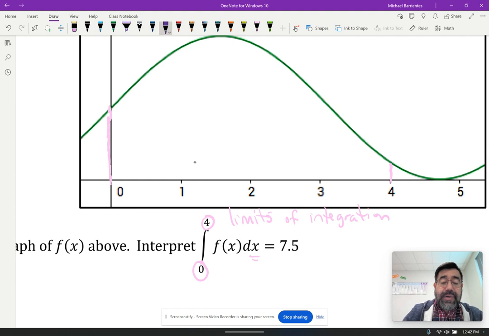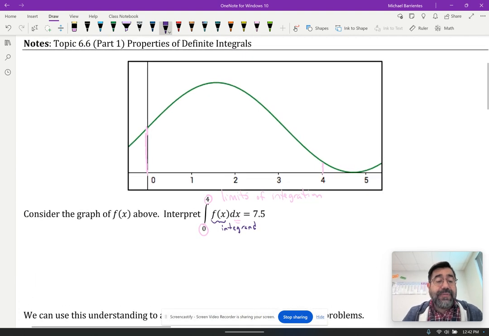This inside part, or the function itself, is called the integrand. So we're taking the definite integral, that elongated s-looking symbol, of an integrand. This is called the differential, which tells me what variable I'm using. So I'm taking the integral of this function, f of x, from 0 to 4.